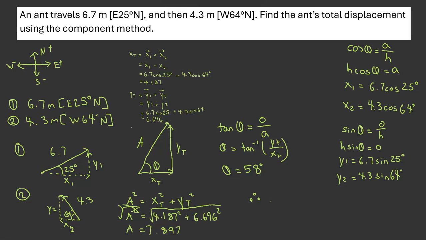So therefore, displacement of the ant is, I'll just call it A like we have been before, A equals 7.9 meters east, right? We're going east. This angle, 58 degrees up, 58 degrees north.